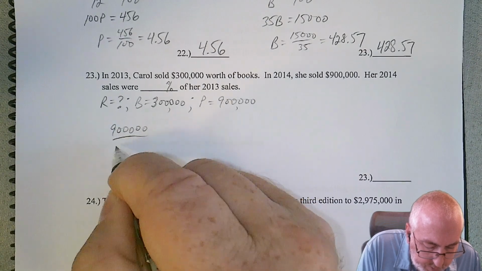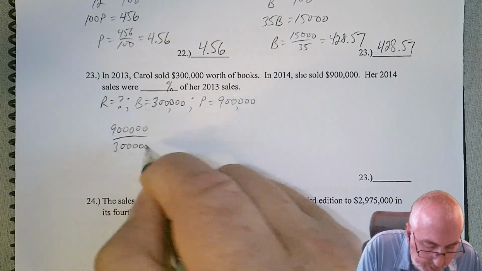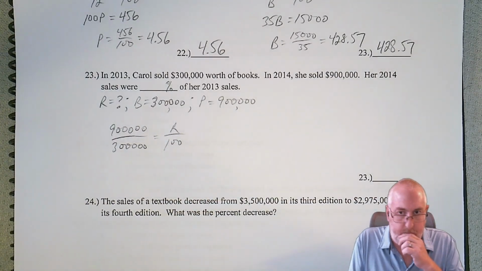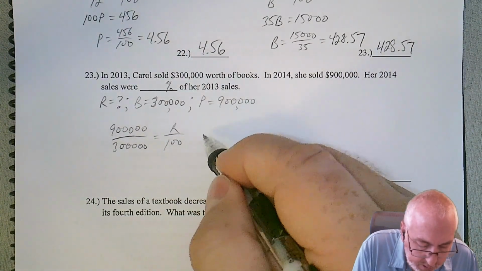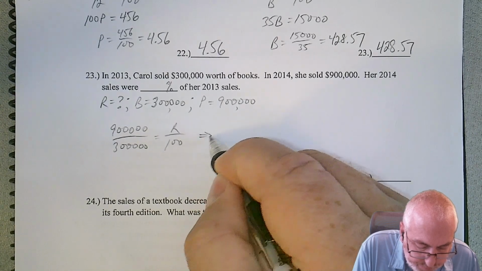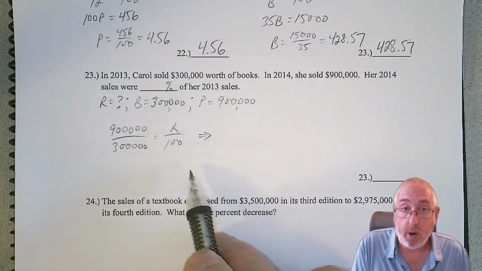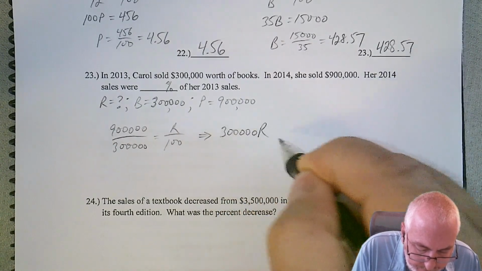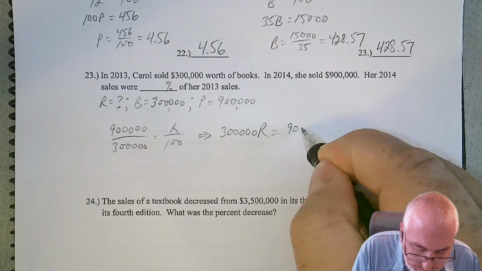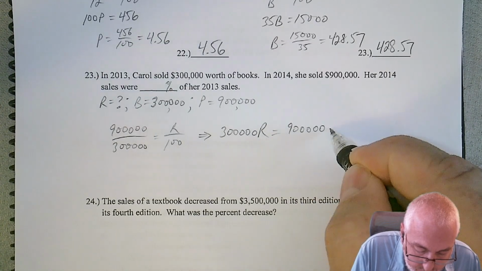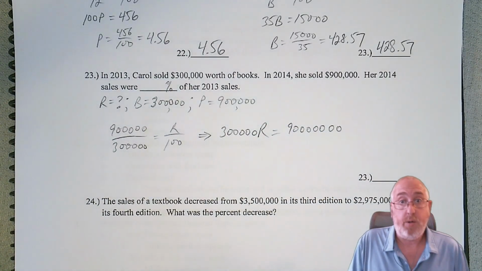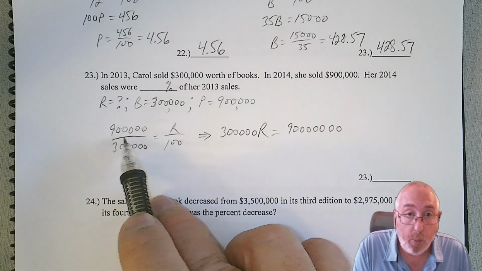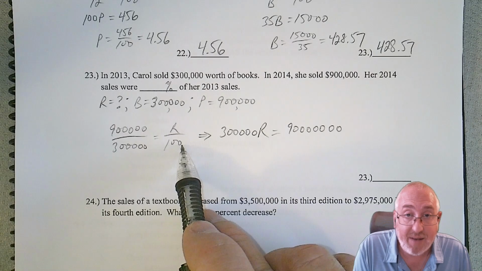So 900,000 over 300,000 equals R over 100. So same as before, cross multiply. So we got some pretty big numbers in here, but 900,000 times 100, so we got 1, 2, 3, 4, 5, 6, 7 zeros.